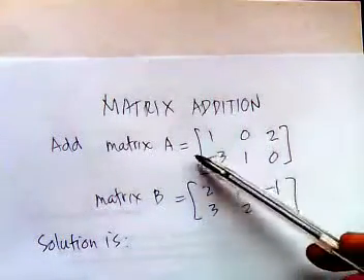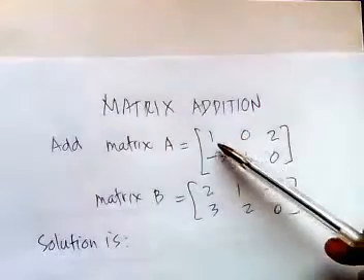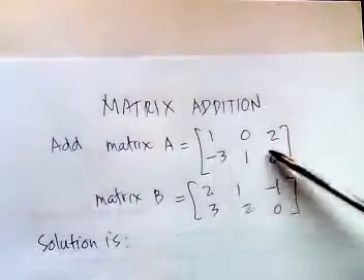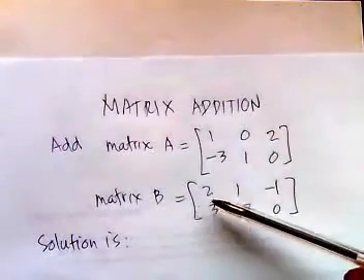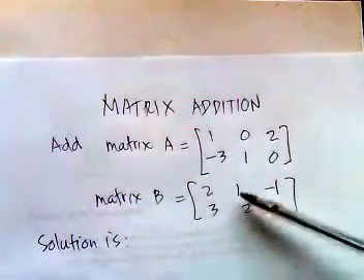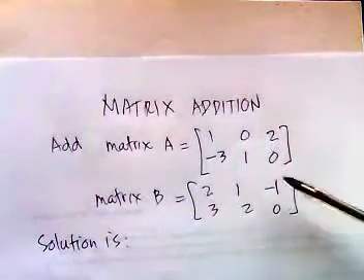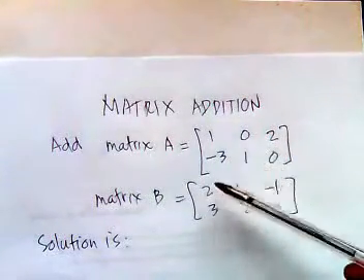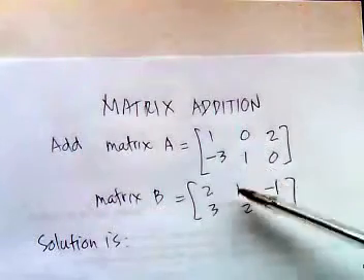So A here has dimension of 2 rows and 3 columns, and B here is 2 rows and 3 columns, so 2 by 3 dimensions. So you can add matrix A and matrix B because they have the same dimension.